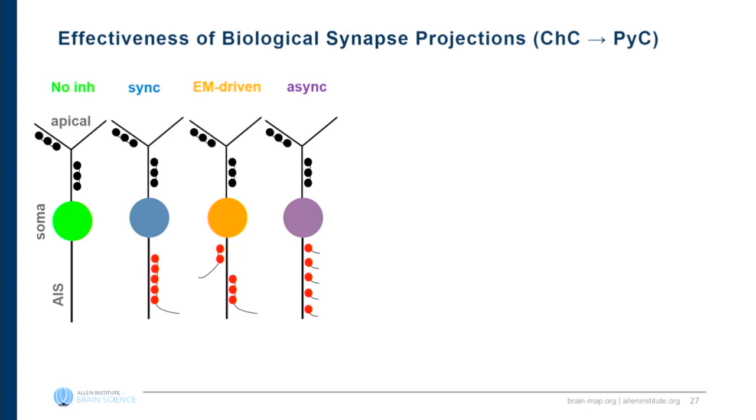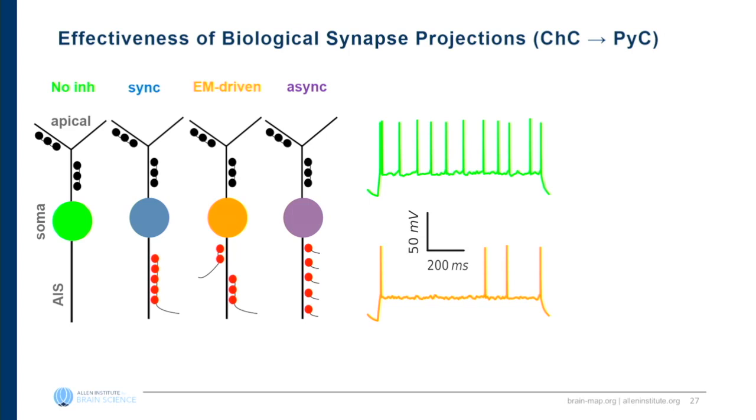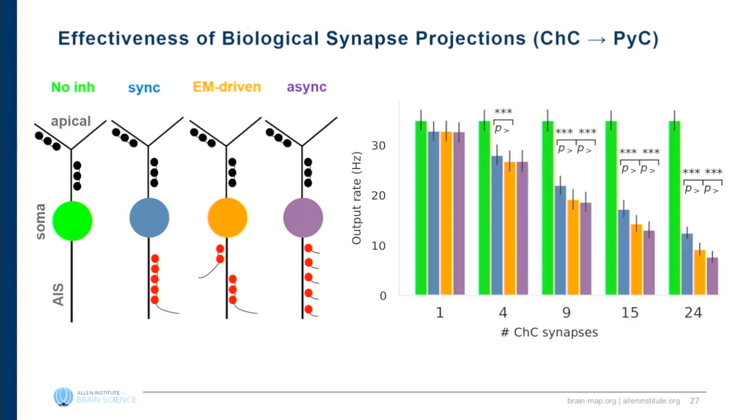So I have now laid out the 3 different configurations here: the EM-driven, synchronous, and asynchronous configuration. And also for comparison, I have this green case where there is no inhibition. Just as an example, as you can see, when there is no inhibition versus when there is inhibition, the spiking output of the pyramidal cell goes down.